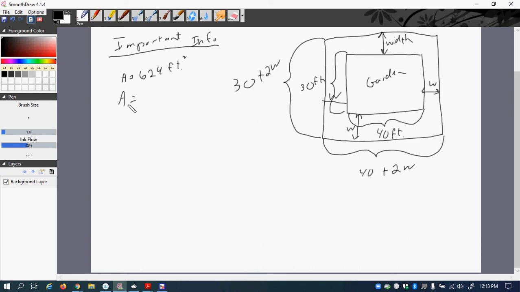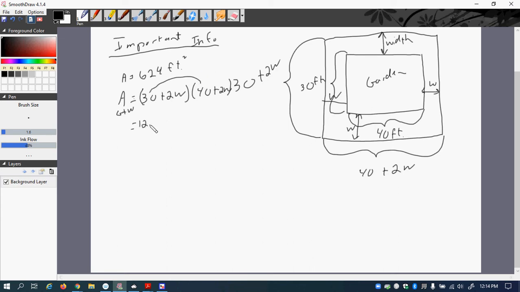And so the area of the garden plus the walk is going to be (30 plus 2W) times (40 plus 2W). So that's my new area. I'm going to go ahead and simplify it.